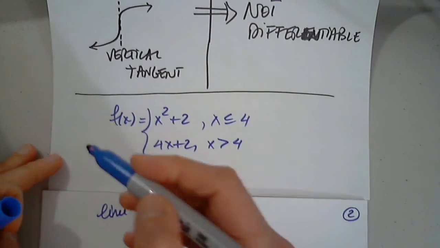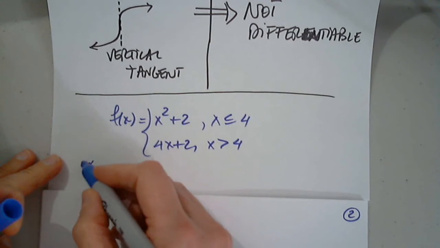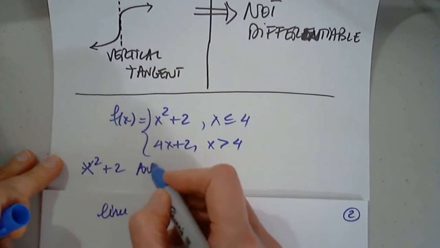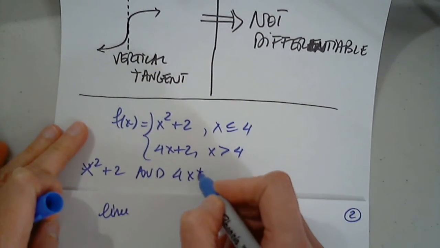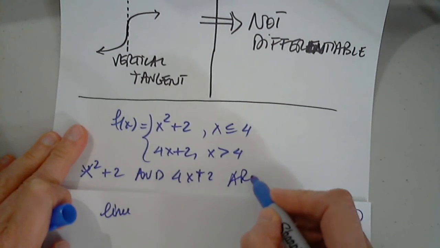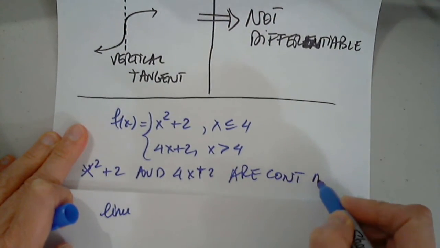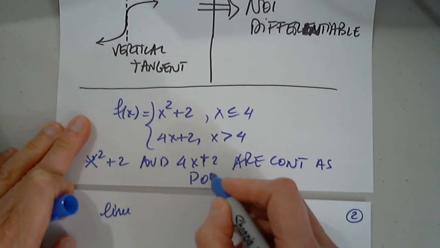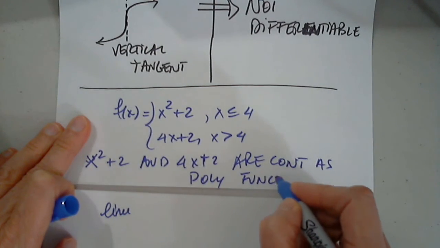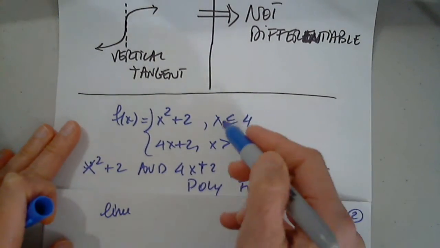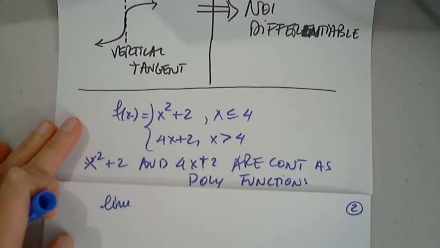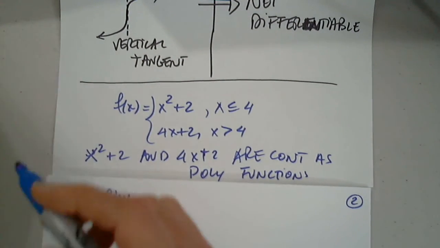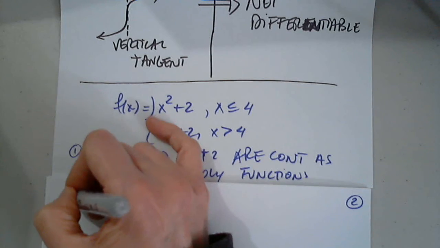I know I have to write that x squared plus 2 and 4x plus 2 are continuous as polynomial functions everywhere, not just between negative infinity and 4 and 4 to infinity. This is the first step that I have to write.